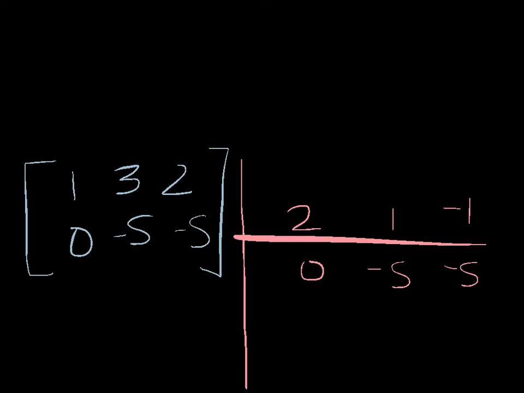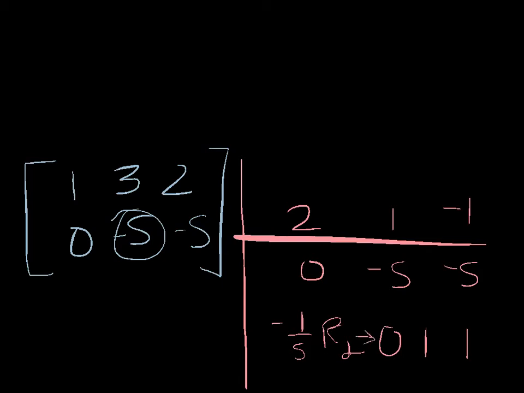My next goal is to make this -5 a 1. So my next row operation will be to multiply row 2 by a -1/5. That will make this -5 a +1, and that other -5 a +1.